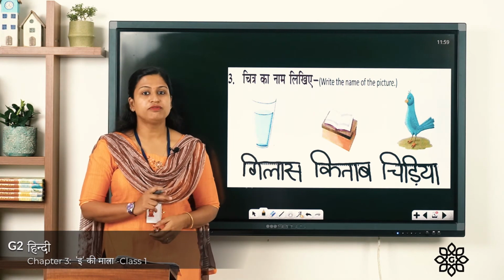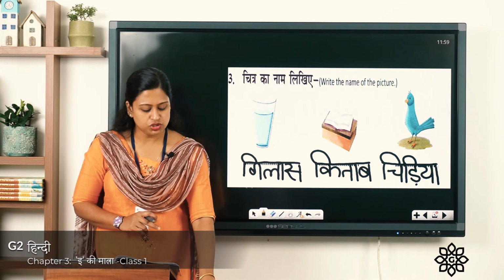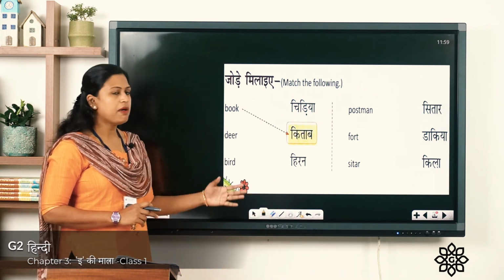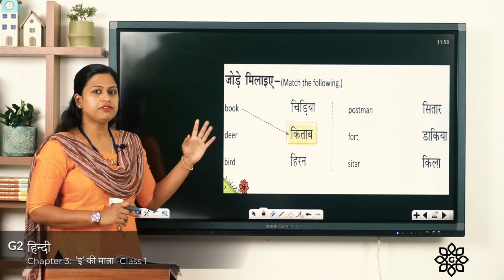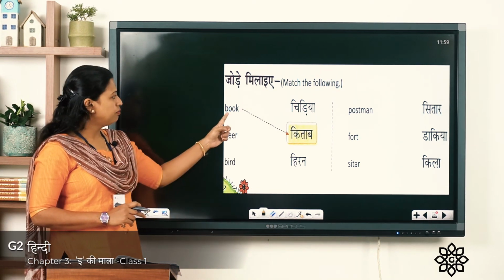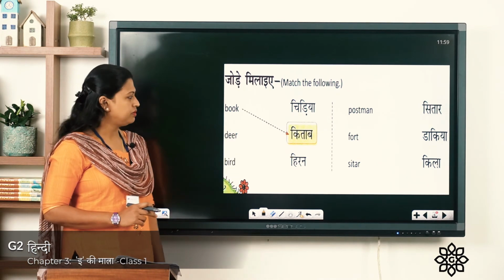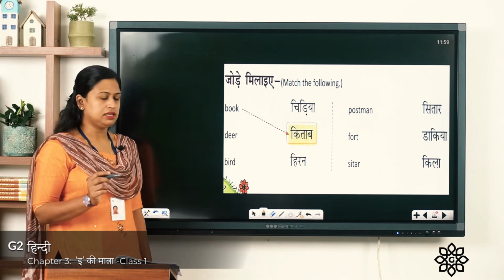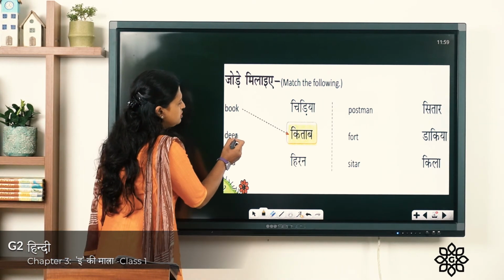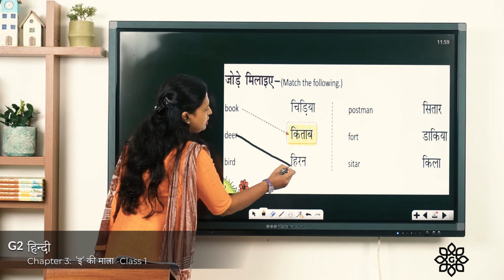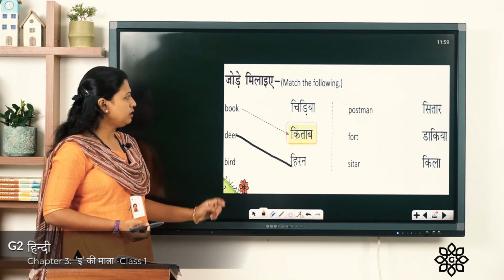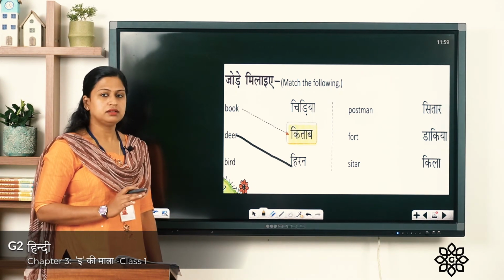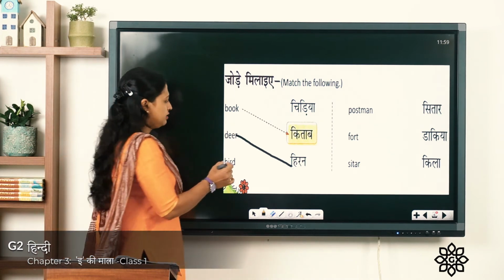Now, let's move to the fourth exercise. That is jode milaiye. Match the following. So, the first one is done it for you. Book means kitab. Now, the next one, deer. Deer means hiran. So, you have to just match it, a straight line. The third one is bird. Bird means chidiya.